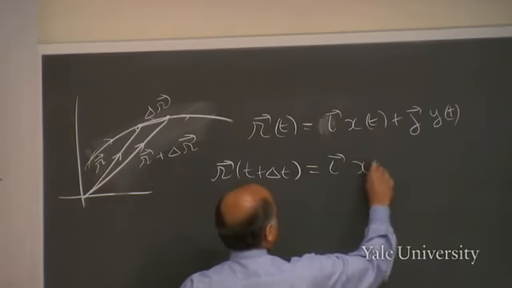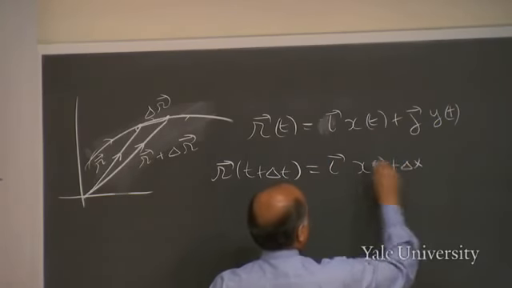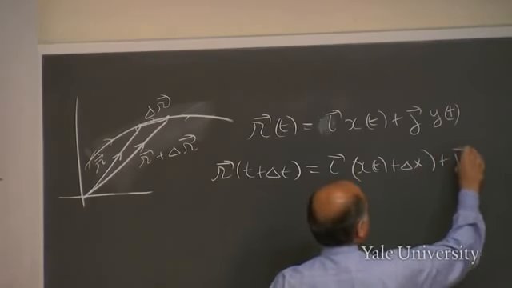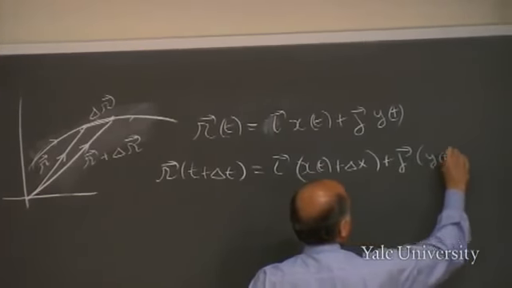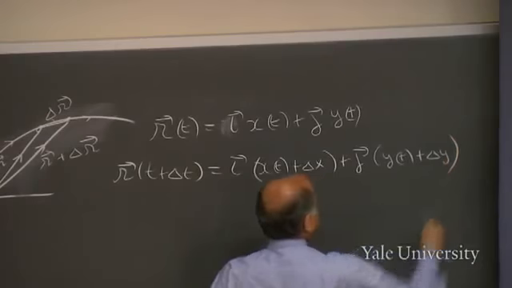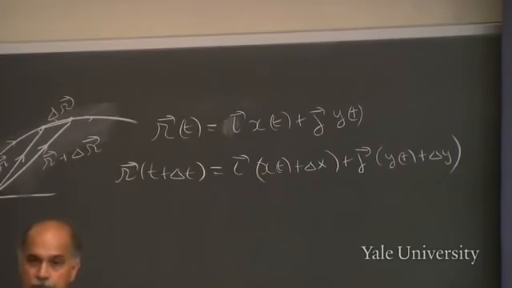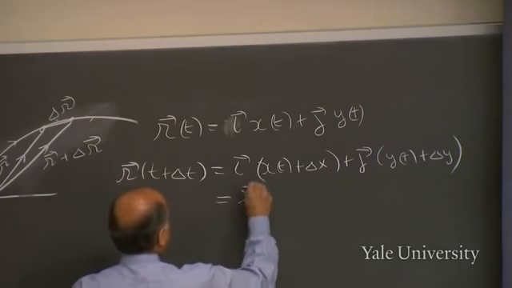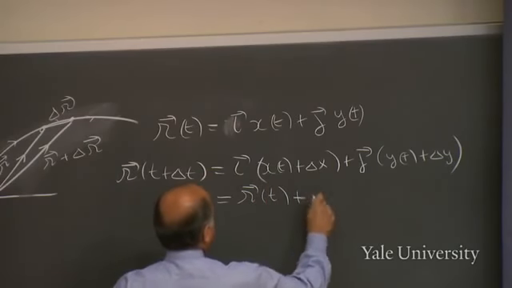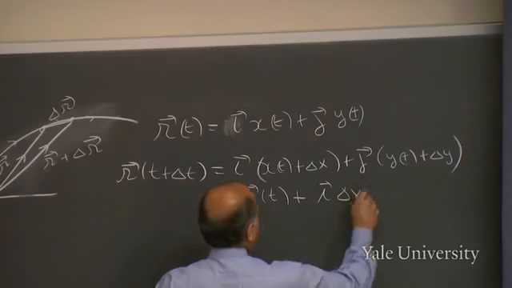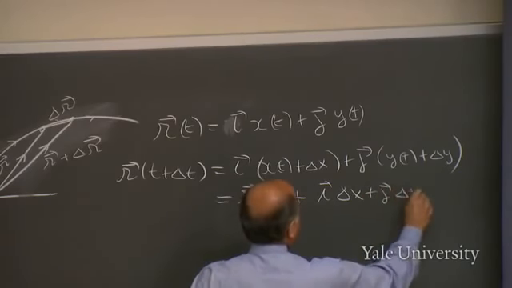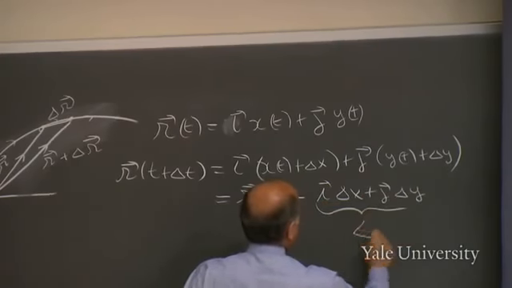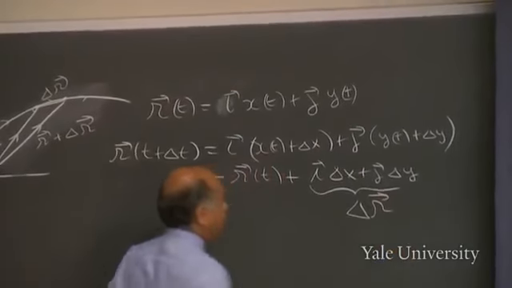It can be i times x of t plus some change in x, plus j times y of t plus a change in y. That we recognize to be r at time t plus everything else, which is i times delta x plus j times delta y. I'm going to call this guy a tiny vector delta r.